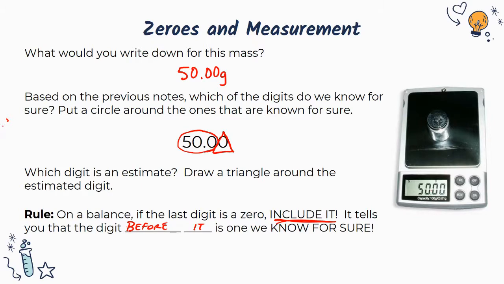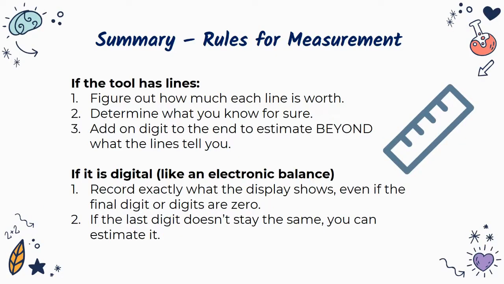So let's do a quick summary of our rules of measurement. First, if the tool has lines, remember this includes rulers or graduated cylinders, your first step should be to figure out how much each line is worth. Sometimes it's worth 1, sometimes 0.1, sometimes even other things like 0.2 or 5.